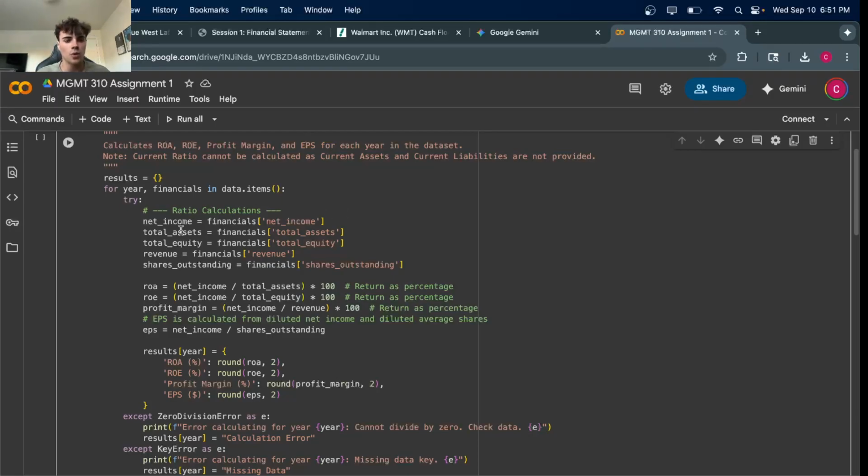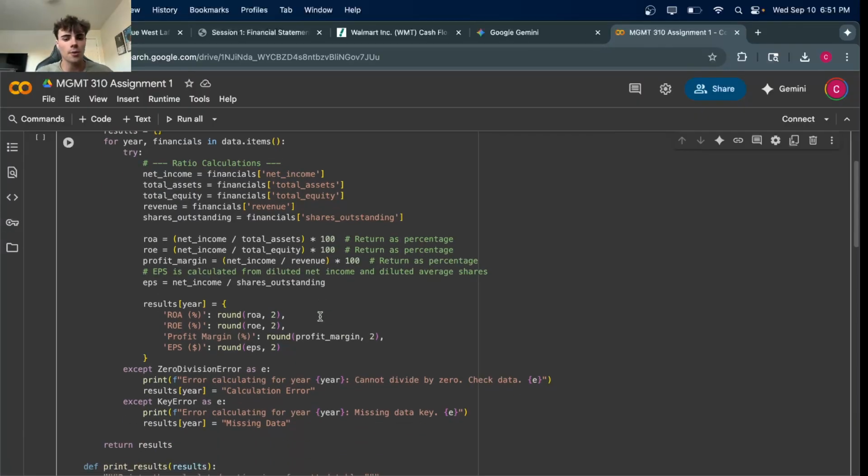Like net income, total assets, total equity, all of that from the financial statements: income, cash flows, balance sheet. Right here, it's recognizing all the formulas that I put in there, like ROA equals net income divided by total assets.